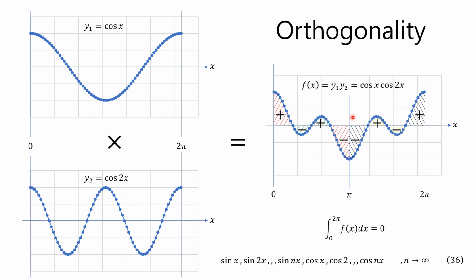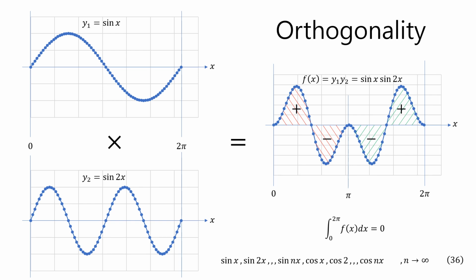That is, plus red area equals minus red 1, plus green area equals minus green 1, plus black area equals minus black 1, and plus yellow area equals minus yellow 1. In other words, the areas are the same and the signs are opposite, so the integration result has a 0 value. In a trigonometric system, no matter which cosine function you choose, if the constants in front of the x are different, the integral result will be 0.